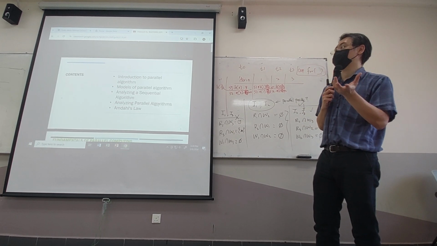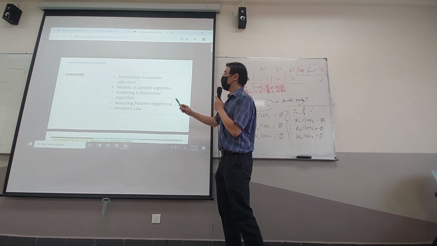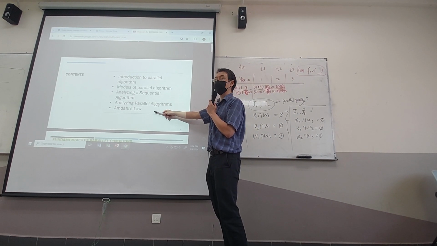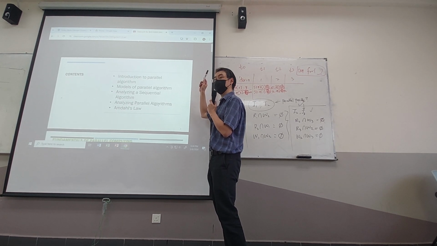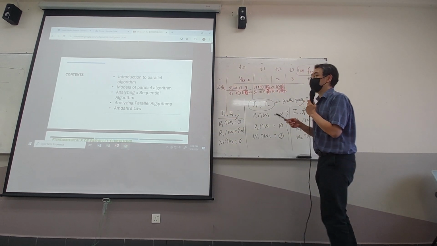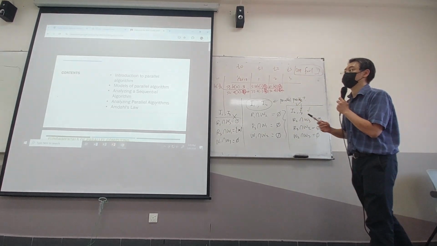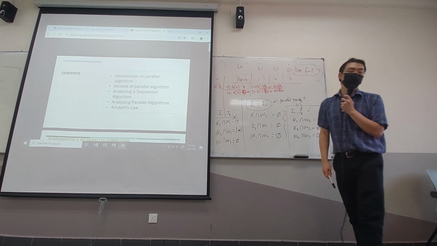There's a certain limit, okay? Maybe you can get 100 times faster, maybe 1,000 times faster, but even though we increase the number of cores, the improvement doesn't keep increasing. Okay? It improves up to a certain point, but then it doesn't improve anymore. And why is that so? This Amdahl's law is going to describe that.